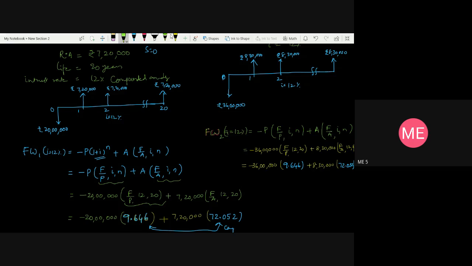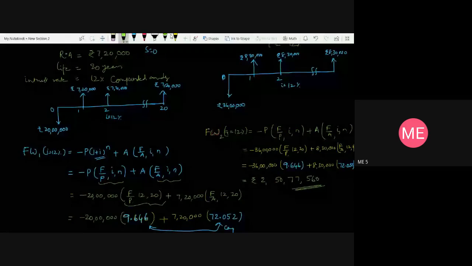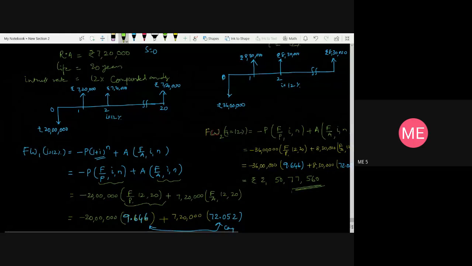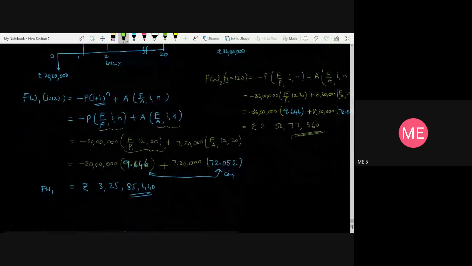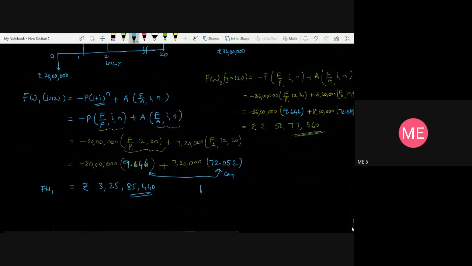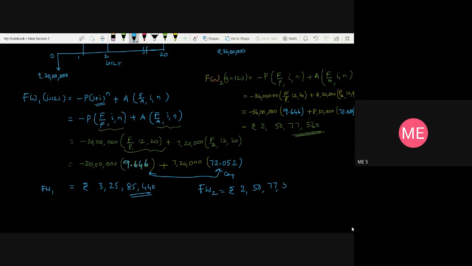Now by multiplication of all this, I'm going to get around rupees 2 crores 50 lakh 77,560 from this FW2. So now if you look at the two alternatives, FW1 is 3 crores, and FW2 gives rupees 2 crores 50 lakhs 77,560.